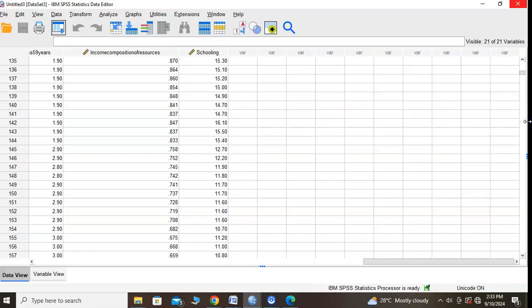And for simulating changes in socioeconomic factors, to simulate the effect of changes in socioeconomic factors on life expectancy, I created hypothetical scenarios by adjusting the independent variables. In scenario 1, there was an increase in GDP. I used SPSS's Compute Variable function to simulate a 10% increase in GDP across all countries.